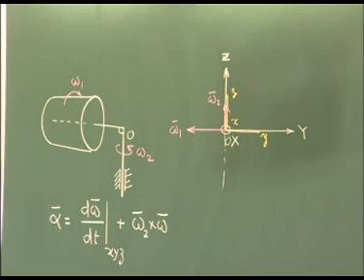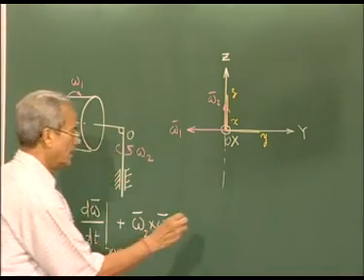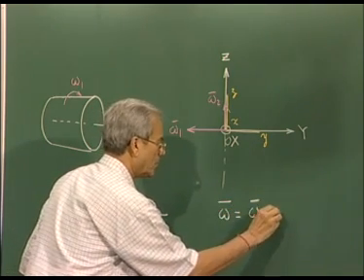We have seen in the previous lecture that at any instant the angular velocity of the drum is nothing but the vector sum of the two components.